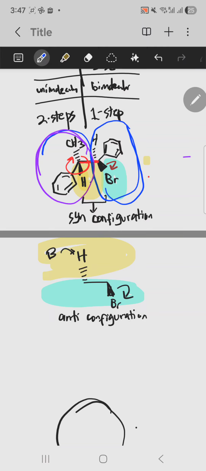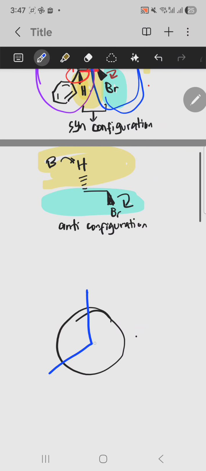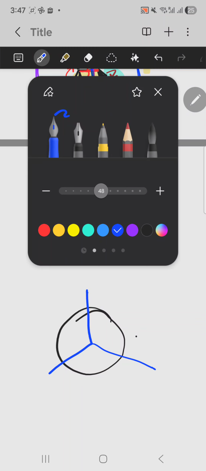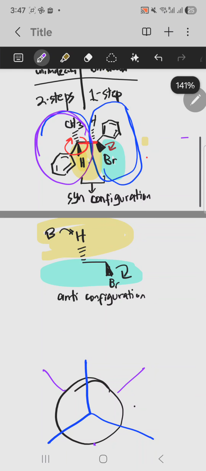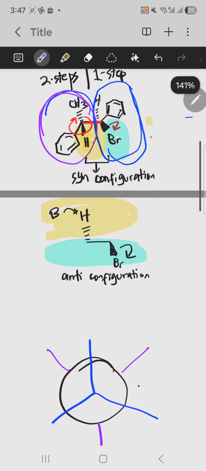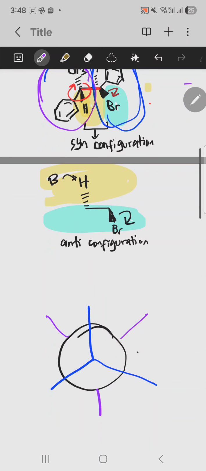So the front side is here, and then the back side is here. Okay, so imagine this blue color is in the front side, so we can put bromine here on the left. Let me use blue color to emphasize it.